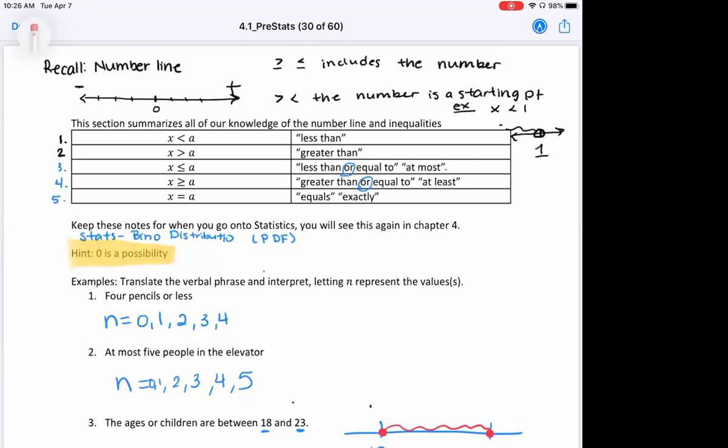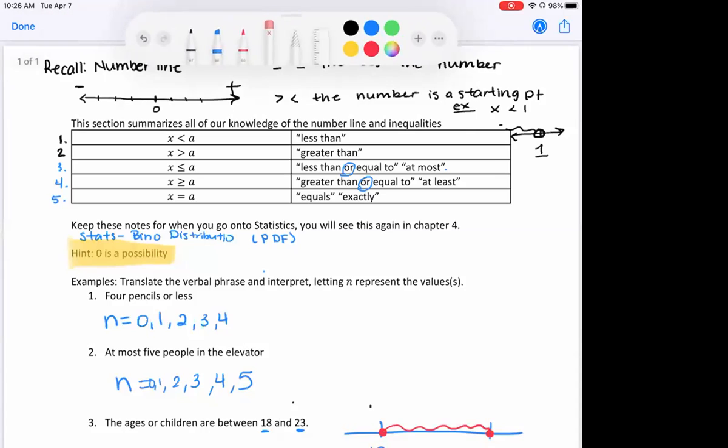When you get to this in stats, you'll remember this phrasing, because it just feels not intuitive sometimes, and that's okay. You'll be like, okay, we did this already in pre-stats. I got this. I know how to work my way around it. So feel free to screenshot this or go back to our Zoom meeting and take a picture of it so you have it handy when you get to statistics.